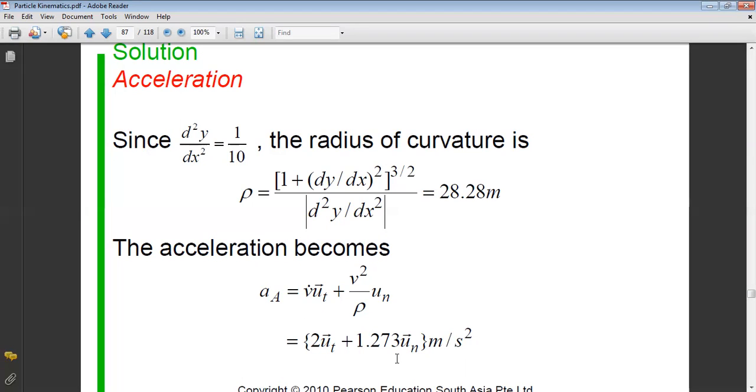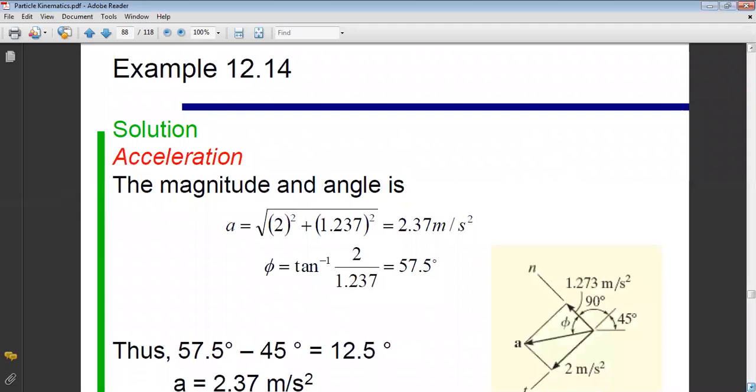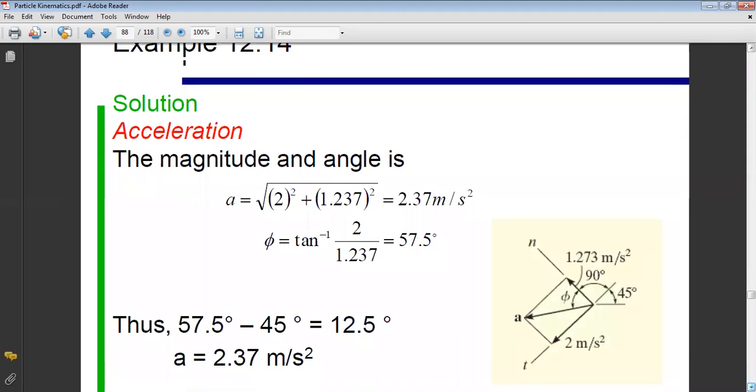Now, if they ask you for the direction of acceleration, what should we do to find it? So let us do a small figure together.